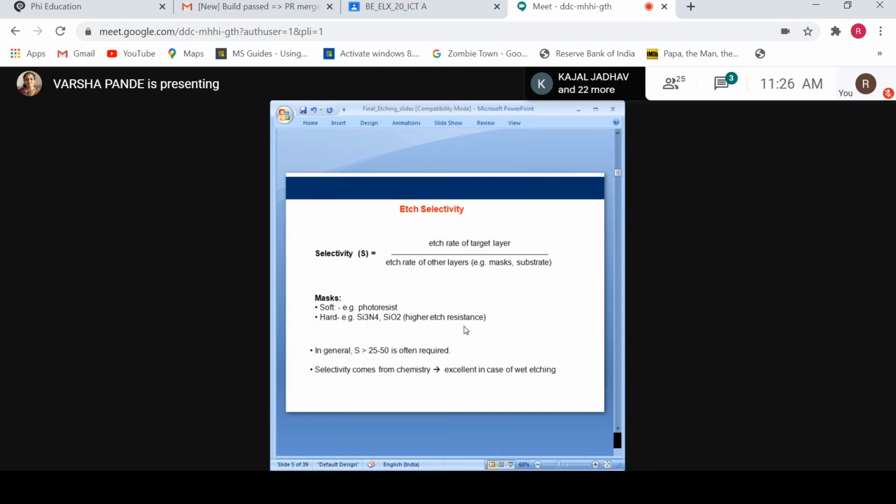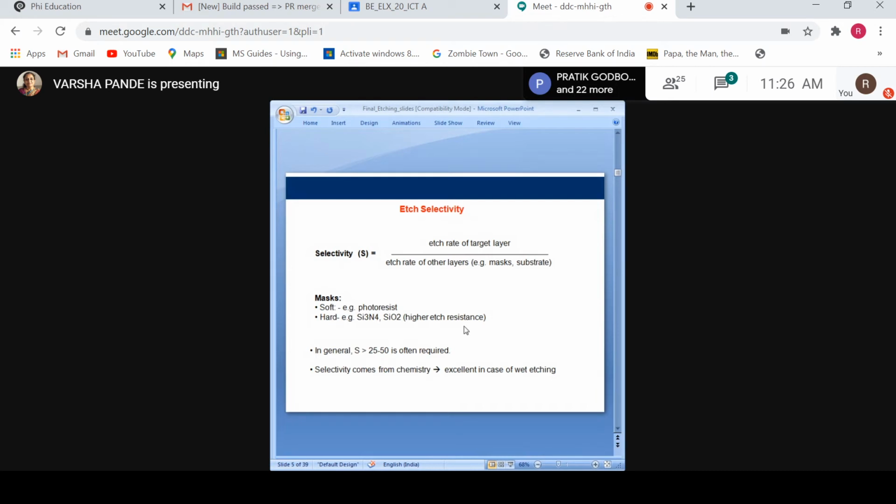And the etch rate of the other layer, which is the other layer? The silicon substrate. For example, the silicon dioxide is protected by the mask. We don't want to remove the mask, we don't want to remove the area which is protected by the mask, we don't want to remove the substrate, we only want to remove the silicon dioxide.